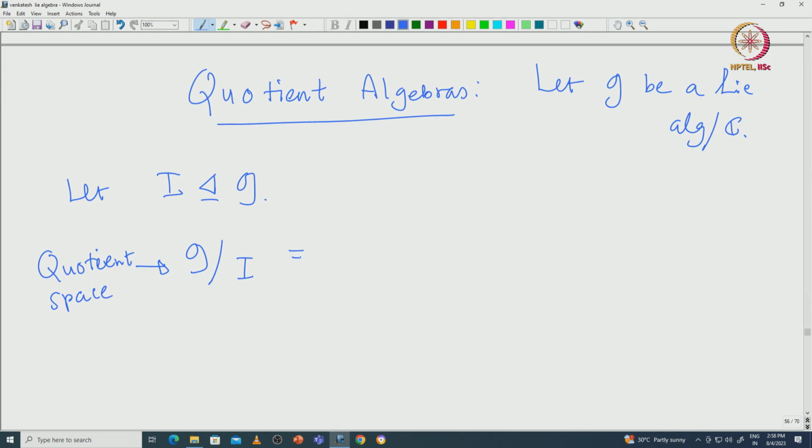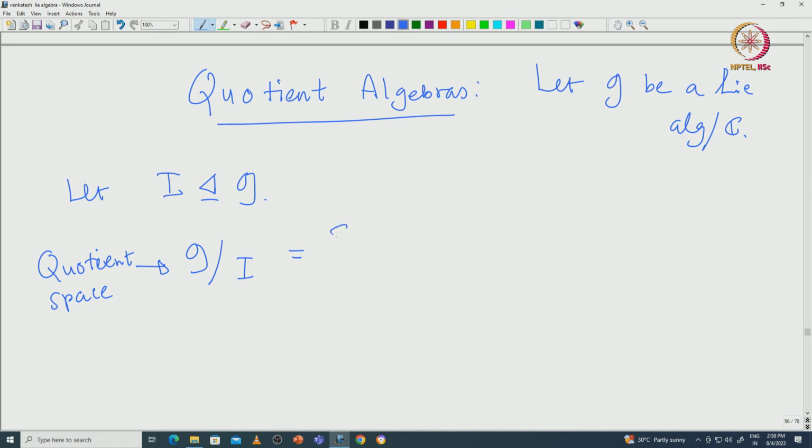So, what is this quotient space? By definition, you take all the cosets corresponding to this subspace I. Basically, you define an equivalence relation on G with respect to this subspace I, and then you take all possible equivalence classes with respect to that equivalence relation.